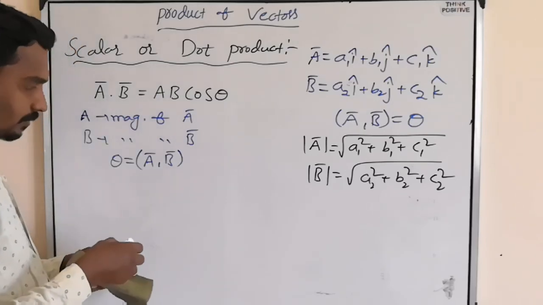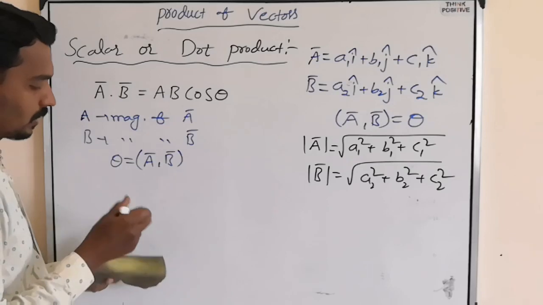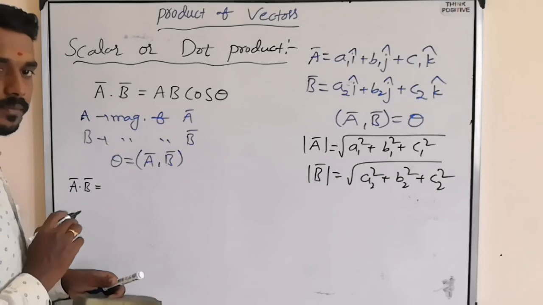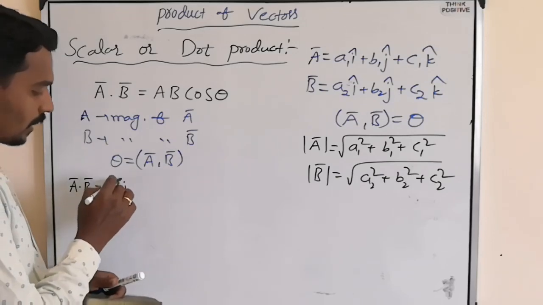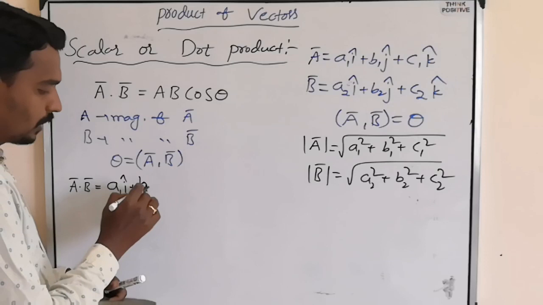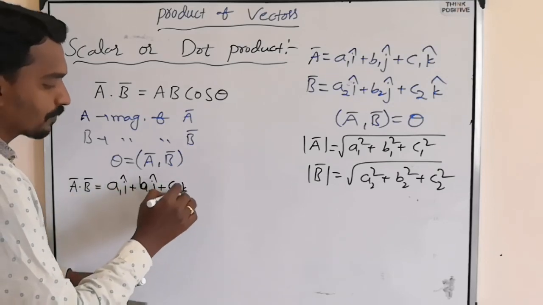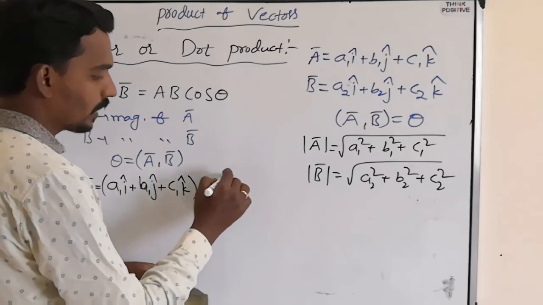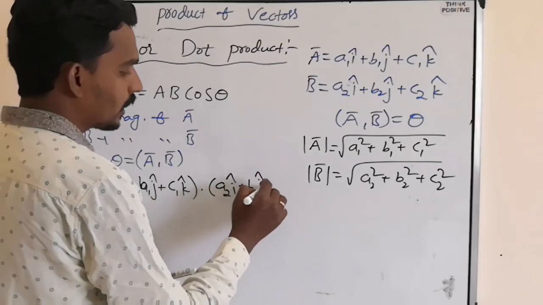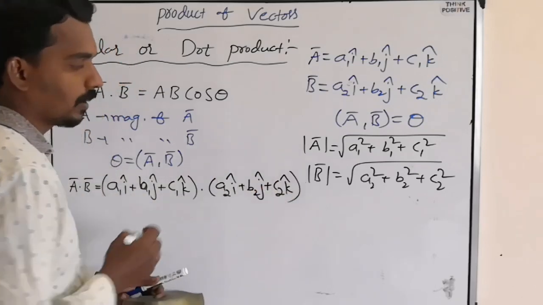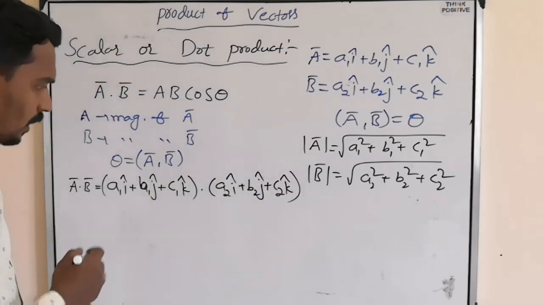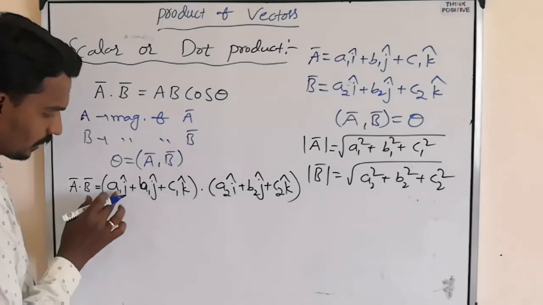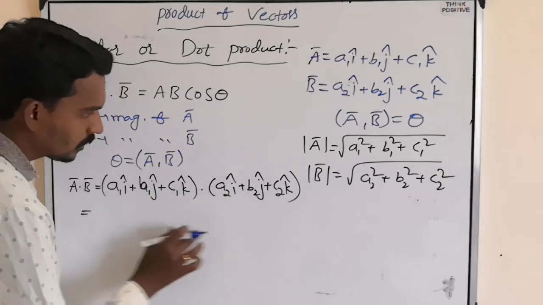Let's take a bar dot b bar. That is nothing but a1 i cap plus b1 j cap plus c1 k cap dot a2 i cap plus b2 j cap plus c2 k cap. If you expand this, first this term with these three will come.